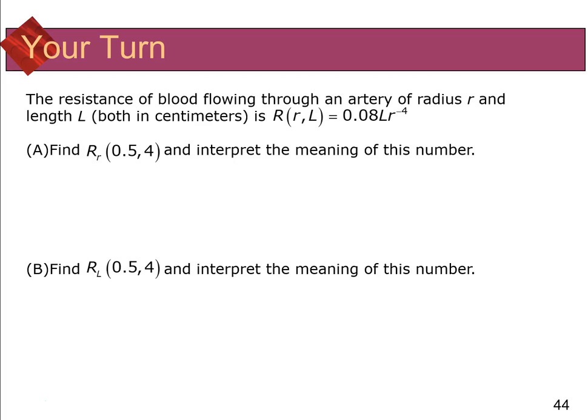They want us to find the partial derivative with respect to r at 0.5, 4 and interpret its meaning, and the partial derivative of this function with respect to L at 0.5, 4 and interpret its meaning. I want you to figure out part A first. In part A, what is the partial derivative with respect to r evaluated at 0.5, 4, and give me a meaning for this number.